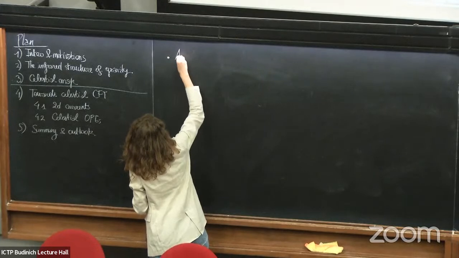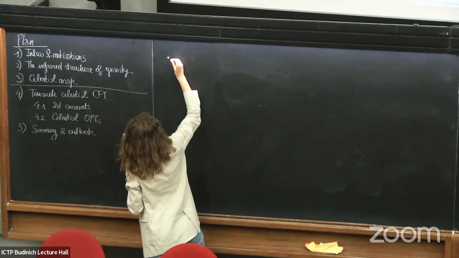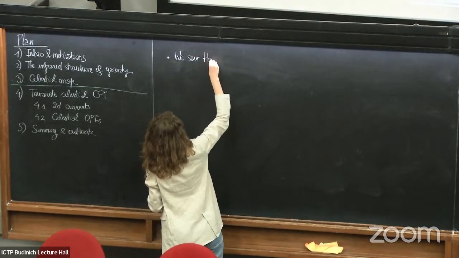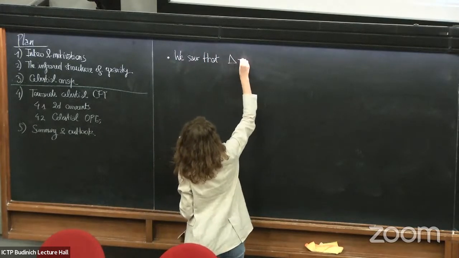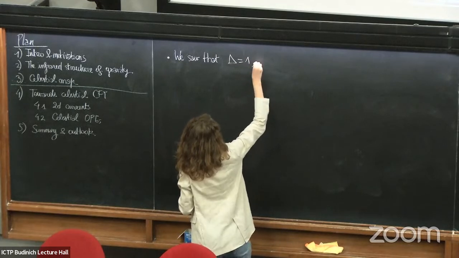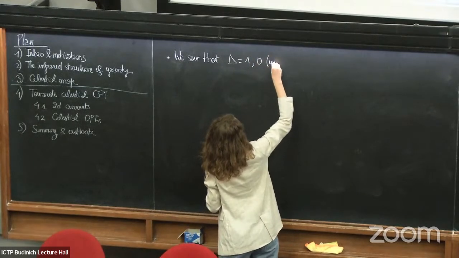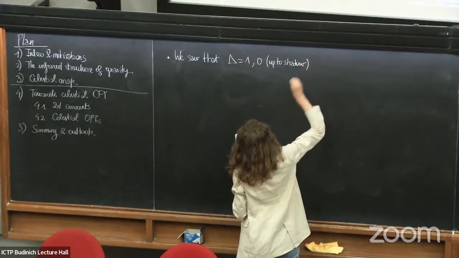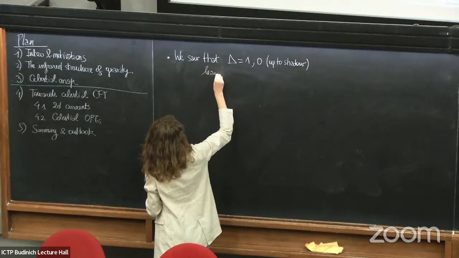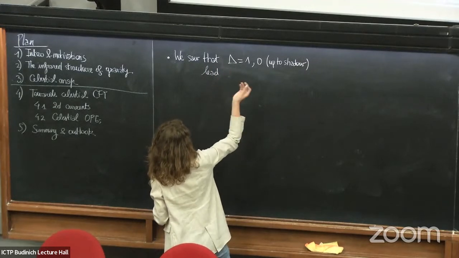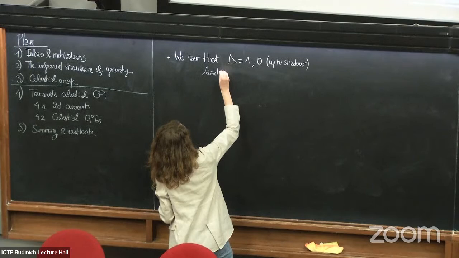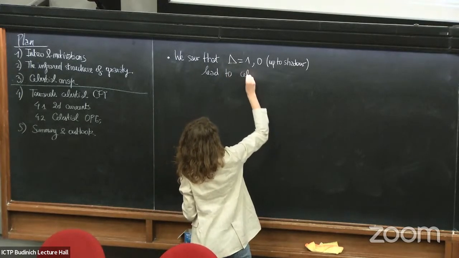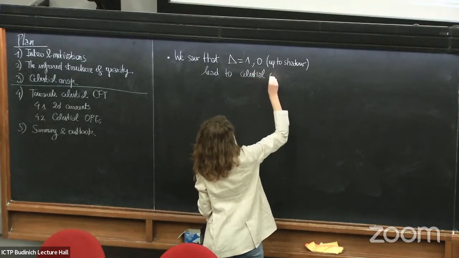Is this observation that delta equal 1 and 0, up to whatever this shadow transform, is conformally soft limit, lead to celestial currents.